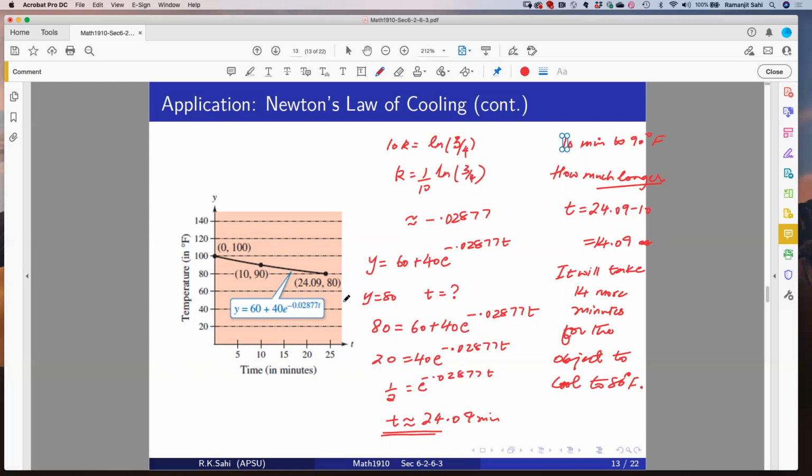Now, the picture on the left-hand side shows how the temperature is going down. So the question is, how much more time will it take to go from 90 to 80? That means 14 more minutes.